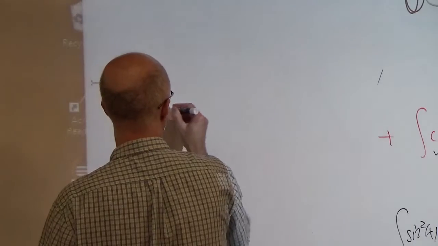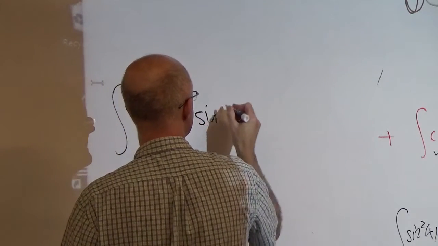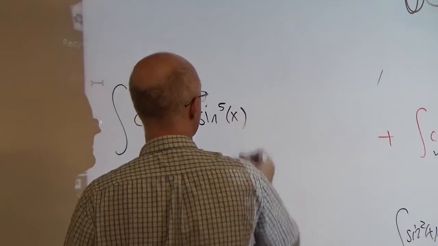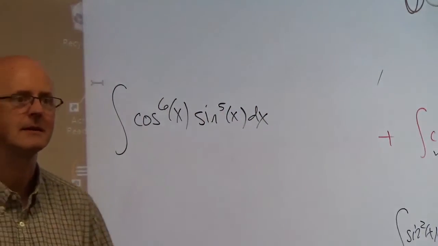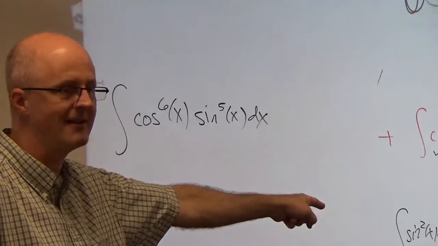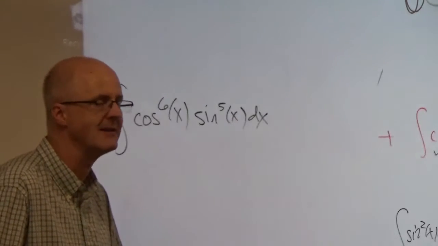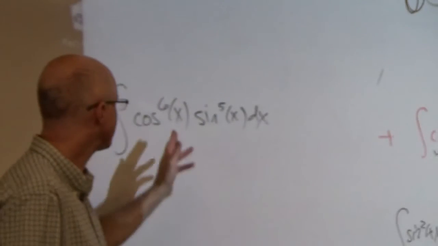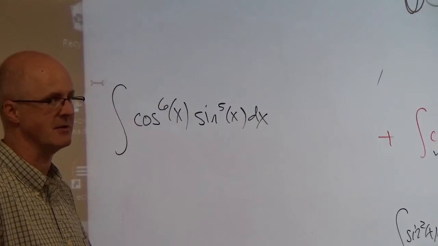So we have cosine of x to the 6th power times sine of x to the 5th power. I'm making mine a little harder than comes from the gateway, but it's okay. At least one of these powers needs to be odd, and that one is, for this integral to not be too bad to do. If I made them both even, and especially if I made them both 6s, it would be a nasty integral to do.